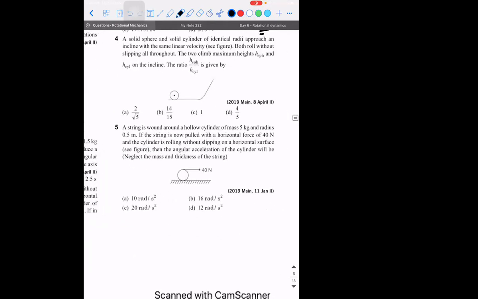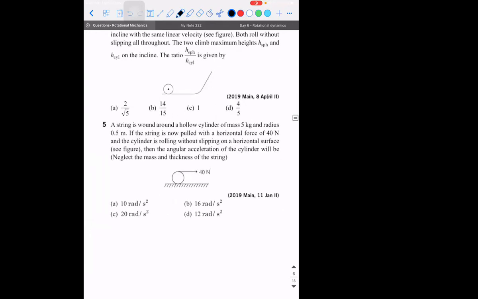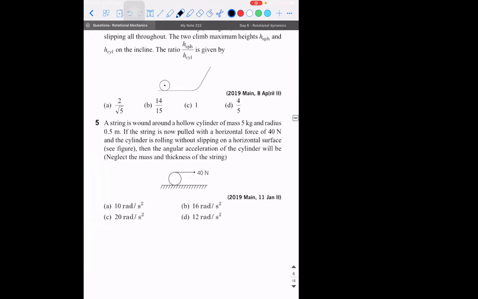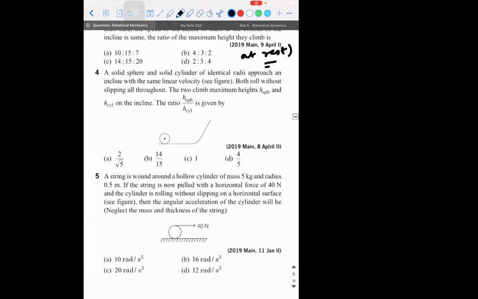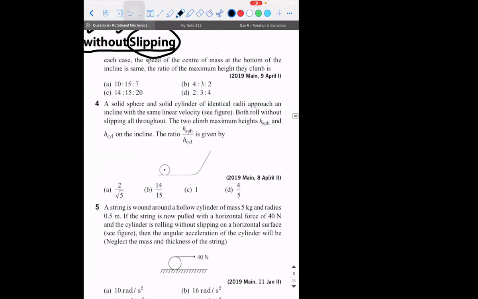So we'll try one more problem. The fourth one.